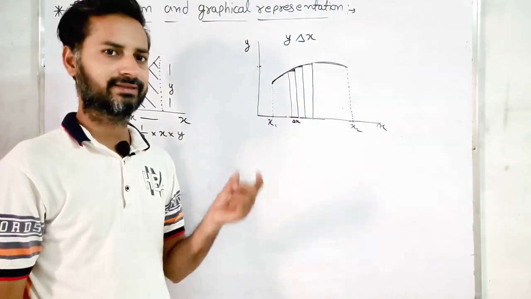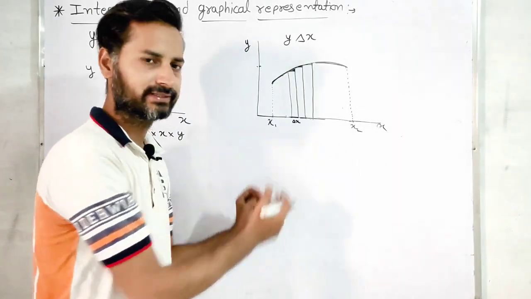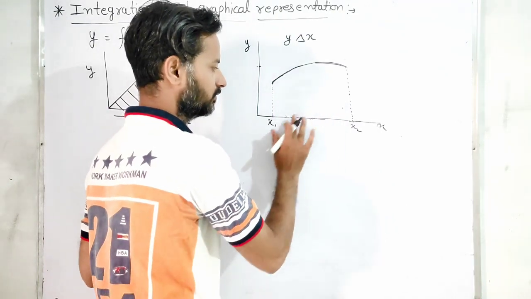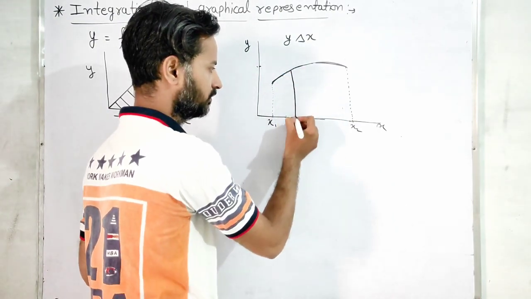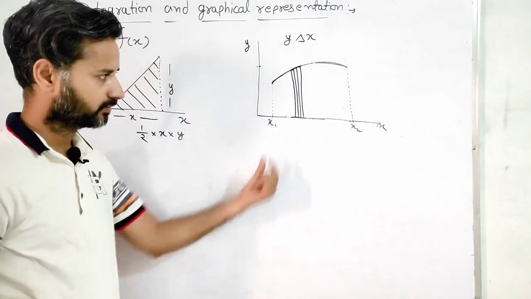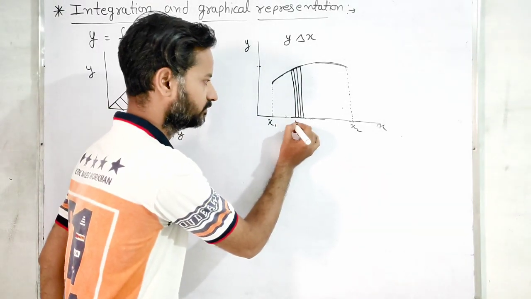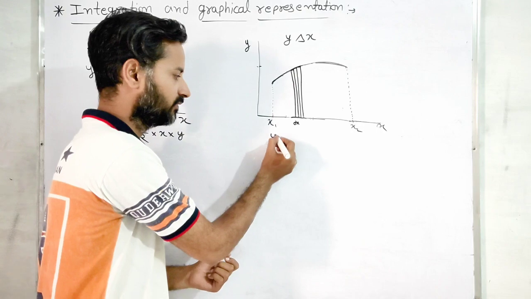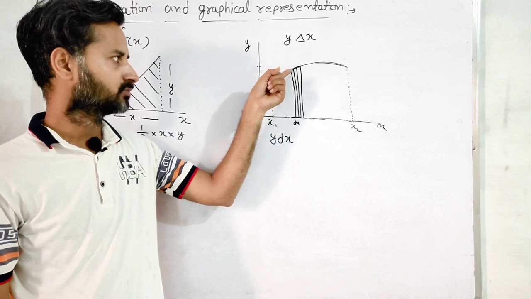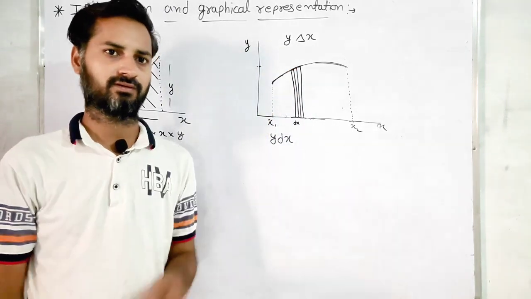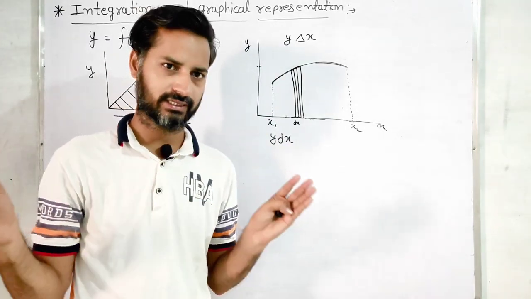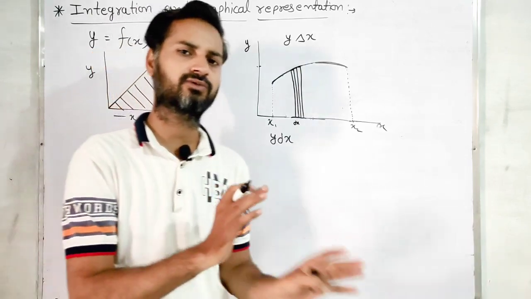For including this area, we will narrow our strip like this, and let the thickness now be dx. Then the area of one strip will be y dx. But again, a small amount of area will be left. For including this area, we have to narrow our strip extremely small, near to 0.